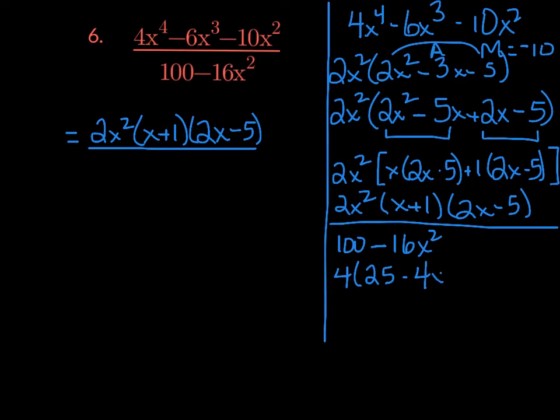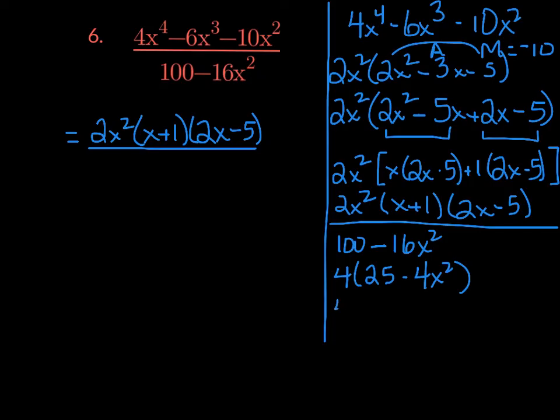Let me backtrack a second here, because I do know that 100 and 16 are perfect squares, so technically this is a difference of squares, but since there's a common factor here, you want to take that common factor out first. Okay, it'll make life a little bit easier. We'll talk about that a little bit more tomorrow in class.